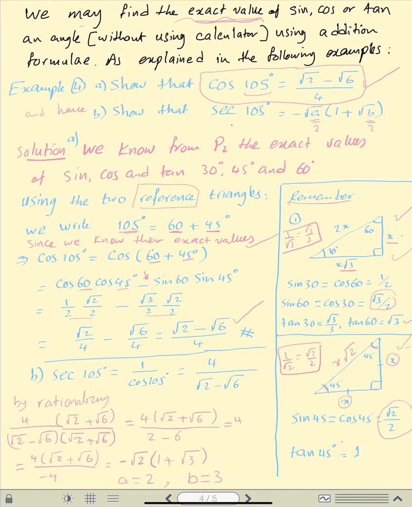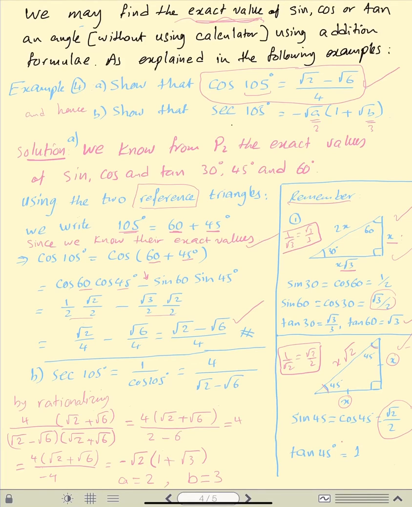Simple like this. Now secant 105 is 1 over cosine 105. You know this from the previous chapter. Secant is the reciprocal of the cosine, so we just take the reciprocal. So it's 4 over radical 2 minus radical 6, rationalizing again.